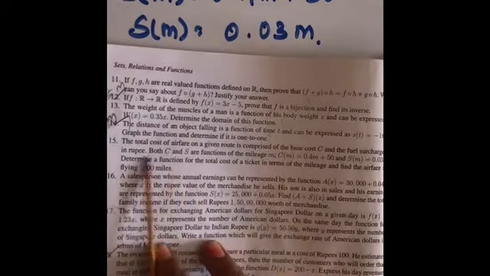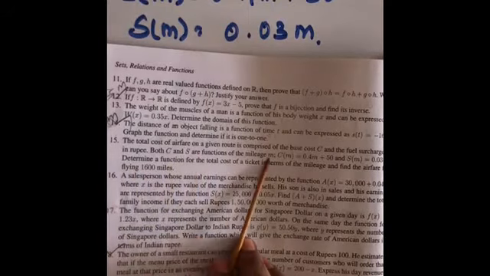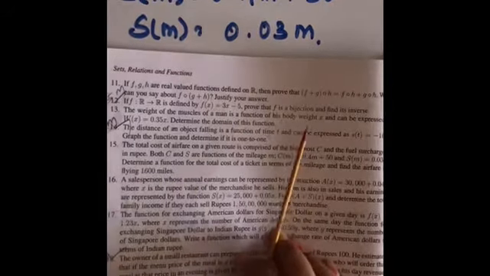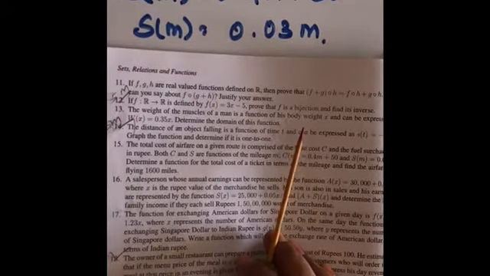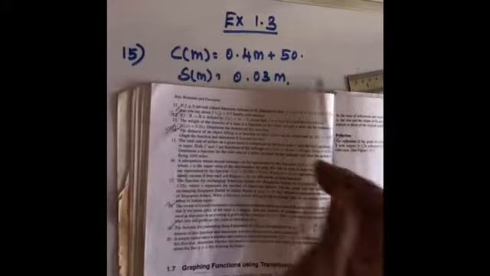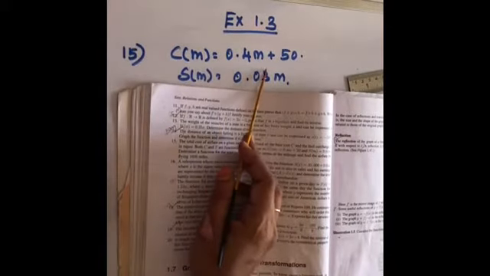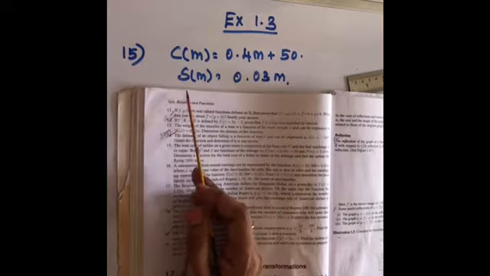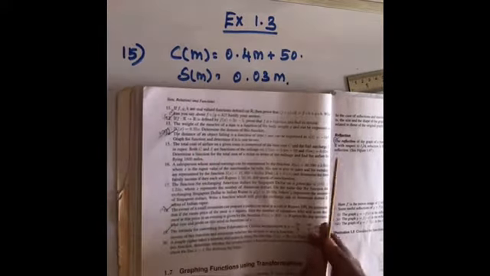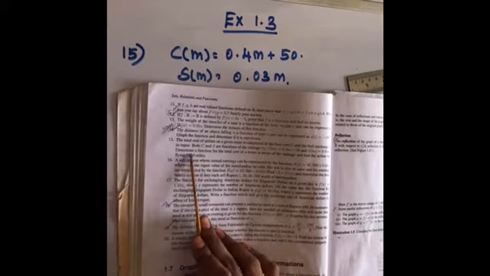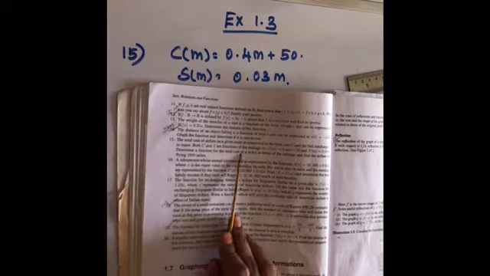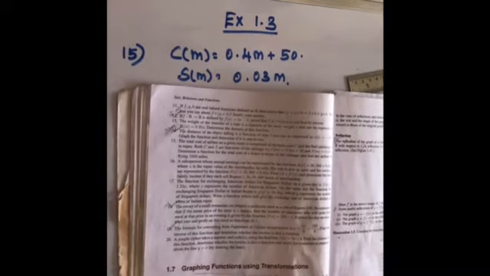Okay, they are all functions. C and S are functions of the mileage M, and it is given that C of M is equal to 0.4 M plus 50 and S of M is equal to 0.03 M. Determine a function for the total cost of a ticket in terms of the mileage.